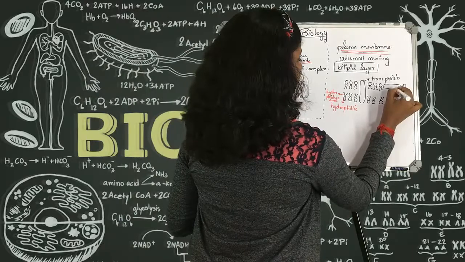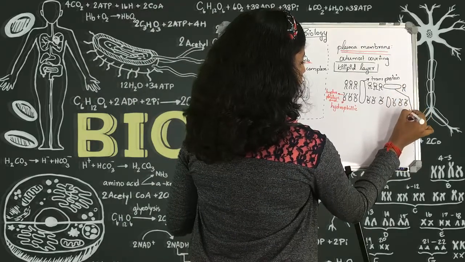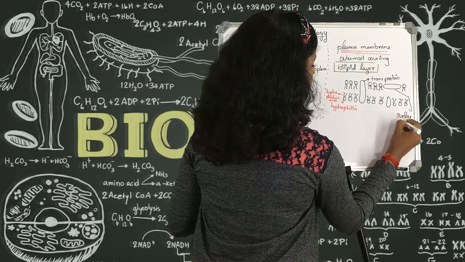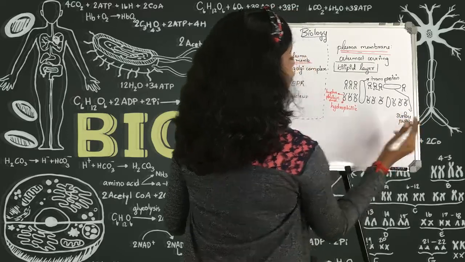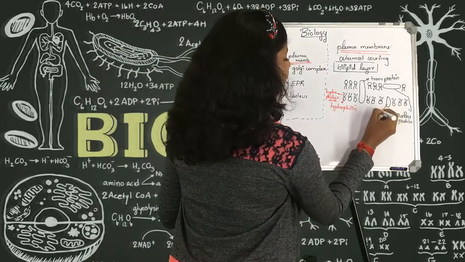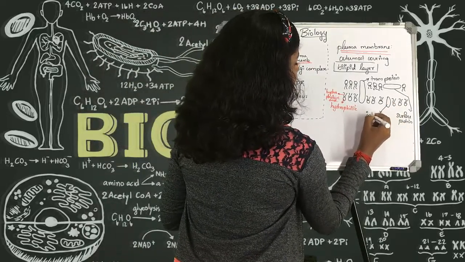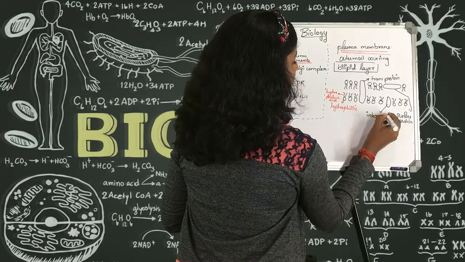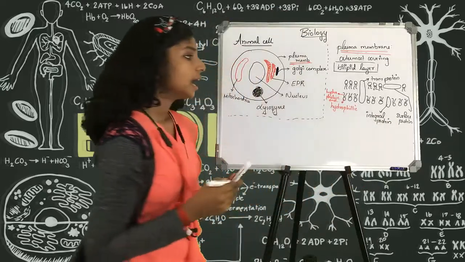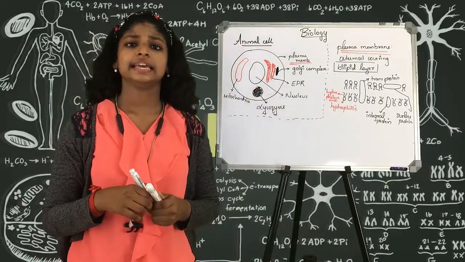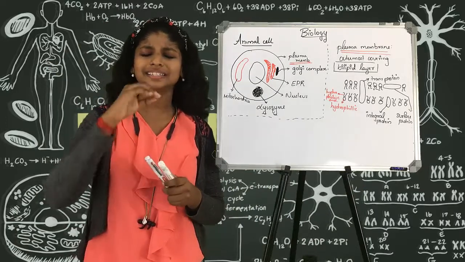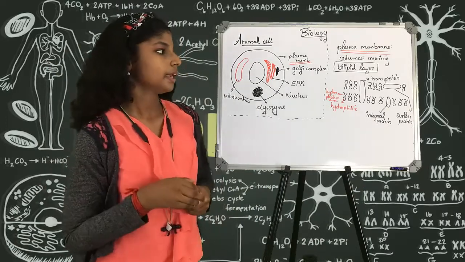I will write here, this is the surface protein, which is towards the environment, and this is the integral protein, and this is towards the cytoplasm. And this integral protein is not deep into the cell, but it is almost in the cell.